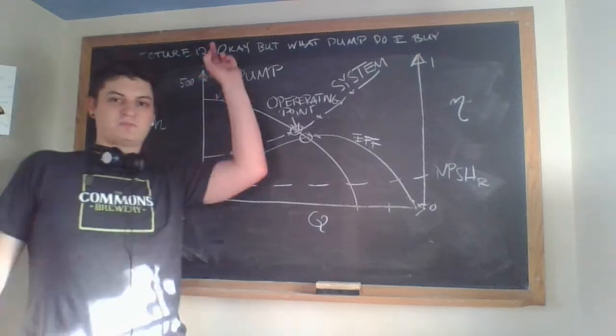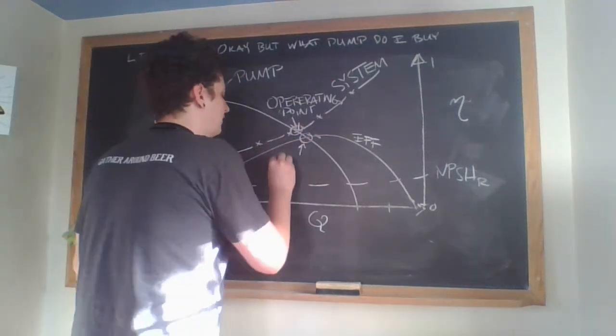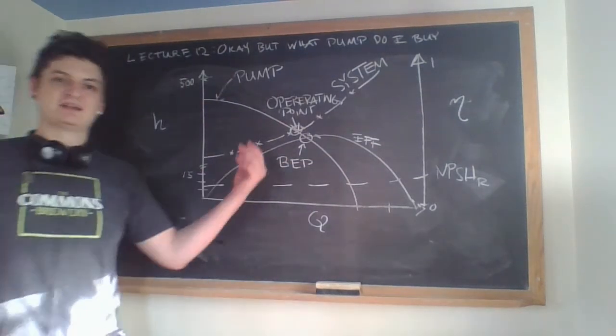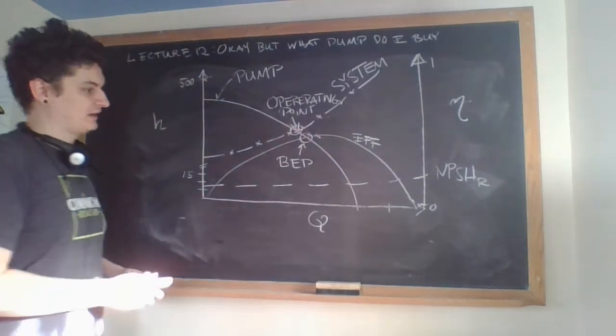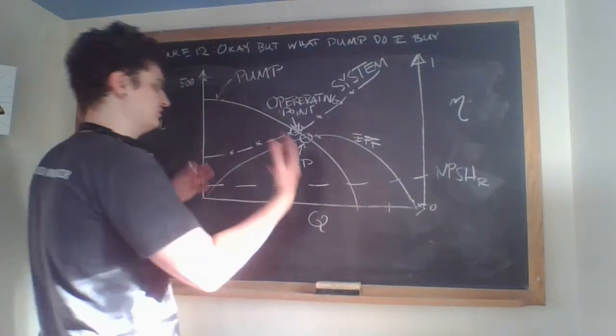Right, the intersection of the pump and the system curve is your operating point. And then this one we call BEP, best efficiency point.